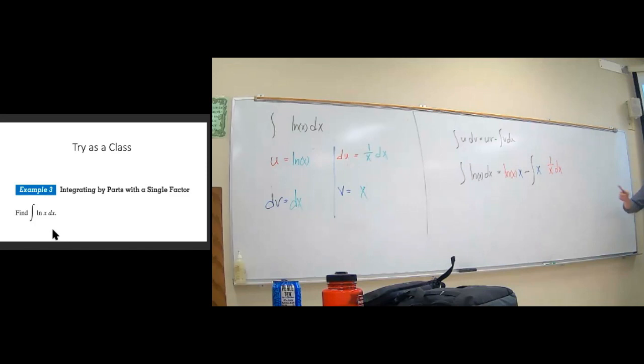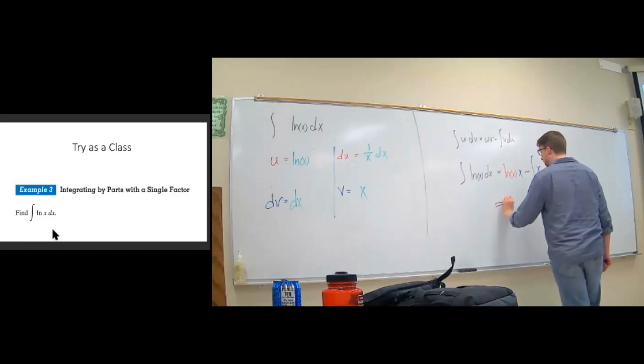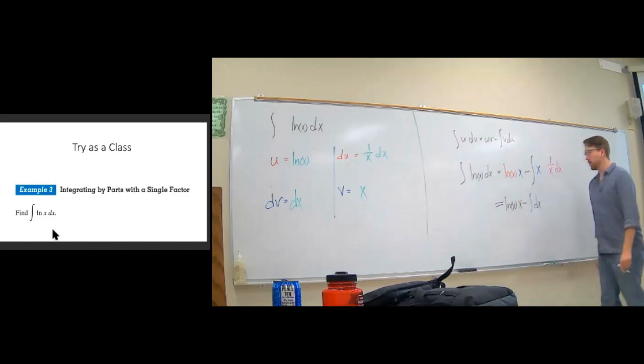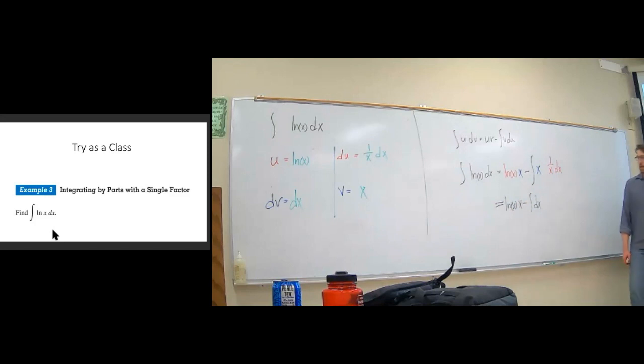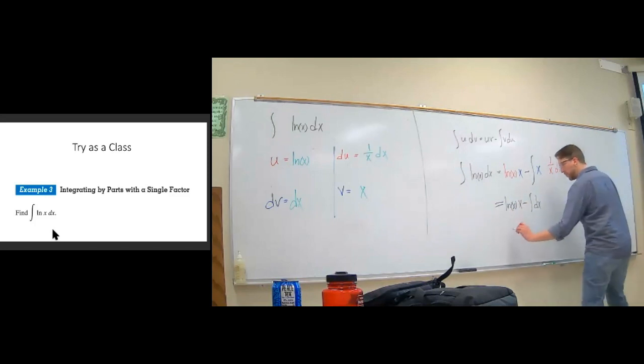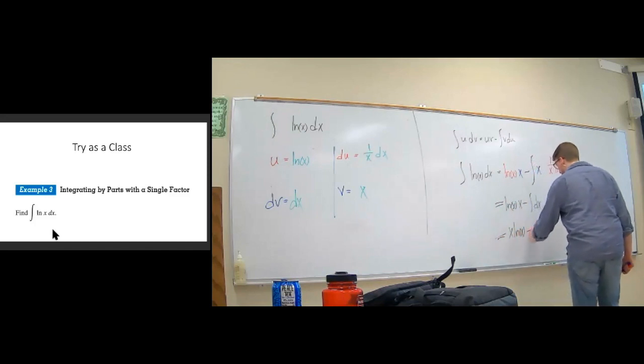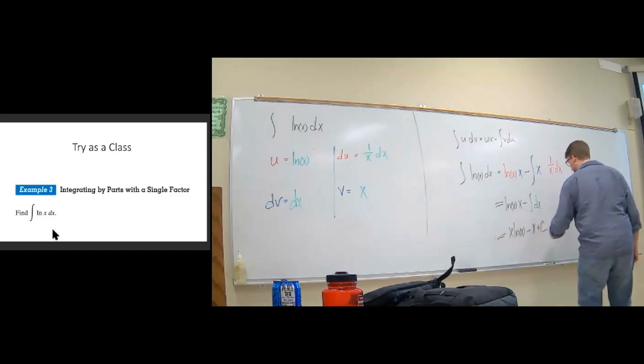And that's convenient because there's a cancellation here now, right? And what we end up with is the ln of x times x minus the integral of dx. So this is all equal to then x ln of x minus x plus a constant.